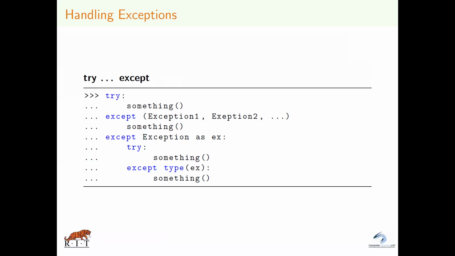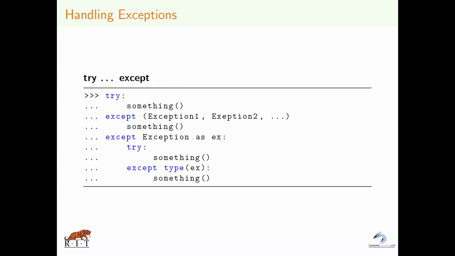So try will try to do something, and if this works, then it will just continue running the code. But if there is an error, you will get the exception. And then there are different ways. One way is just to use except and a colon, and for example, print something here.